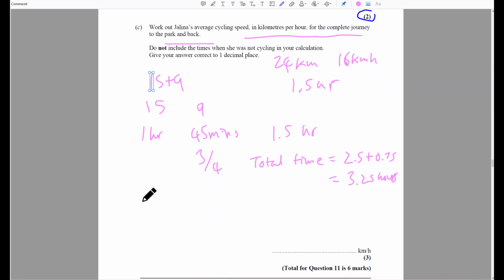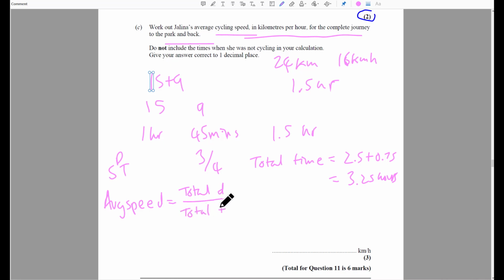So I should have made this clear that obviously the average speed, S dt, is going to be the total distance divided by the total time.